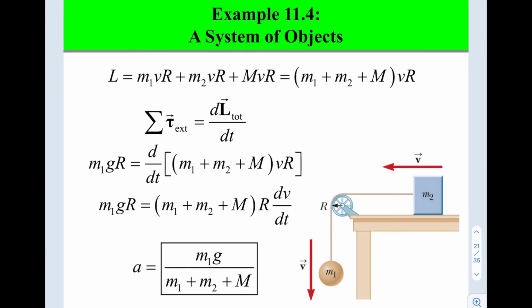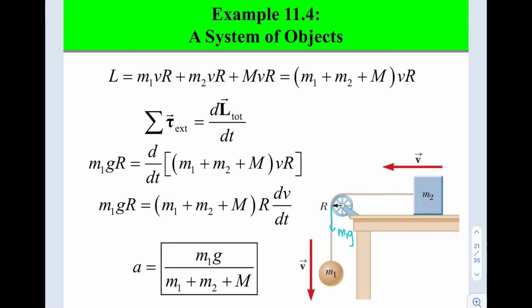So the sum of the torque external is equivalent to dL total over dt. dL total we already figured out here. What torque exists? The torque exists here, due to the weight of m1, which causes the rim to rotate. So the force causing the torque is actually the weight of m1, times the perpendicular distance to the axis of rotation.